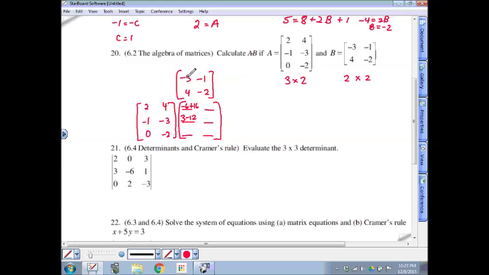This entry is combining this row with that column, 0 times negative 3 is 0, negative 2 times 4 is negative 8. This entry here, top right, combines this first row with that first column, so we get a negative 2, and 4 times negative 2 is negative 8.